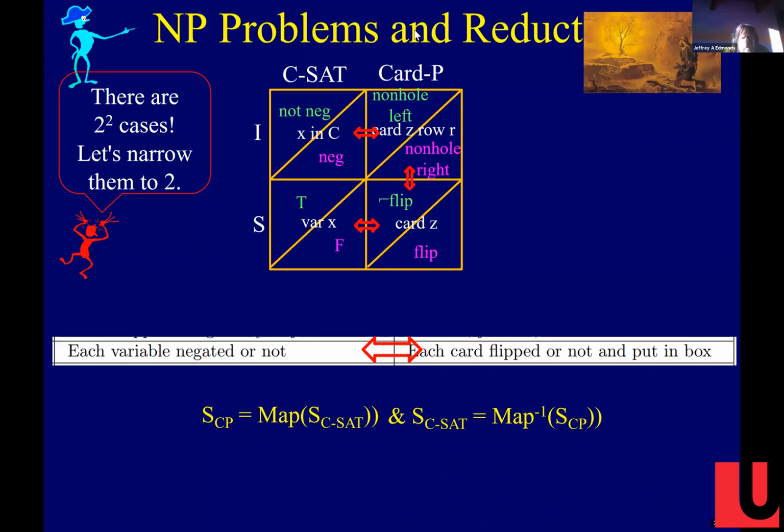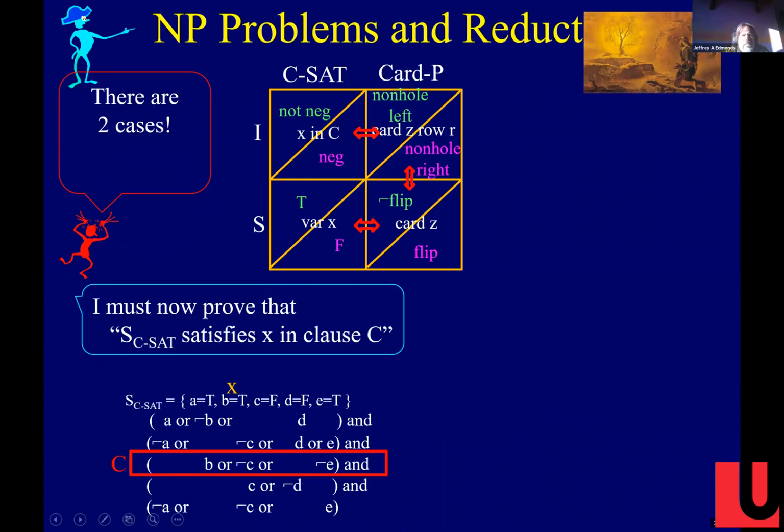That gives us that we can go around the box, right? And that tells us that there are two cases. If this is top, then this is top, then this is top, so this is top, if and only if. So now that tells us, if the variable is not negated, then it's set to be true, and hence it's satisfied.